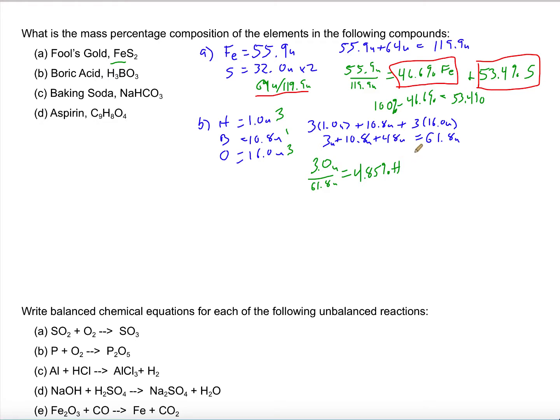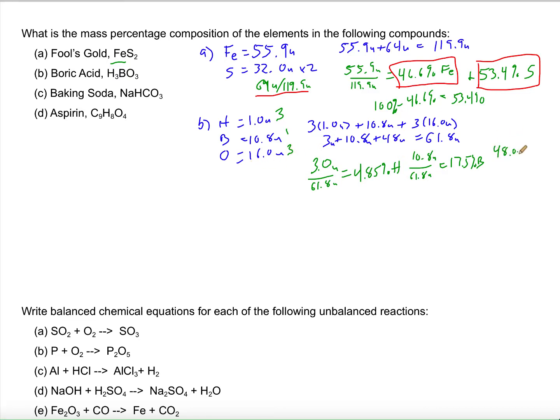For boron, we would do 10.8 units divided by 61.8 units. Divide those, multiply by 100, and that would then give us 17.5% boron.